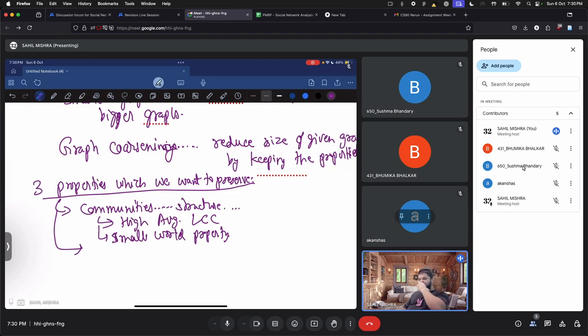It doesn't matter, nobody will get disturbed here. So what is the scale free property? I'm not going to ask now. I'll explain it one by one.